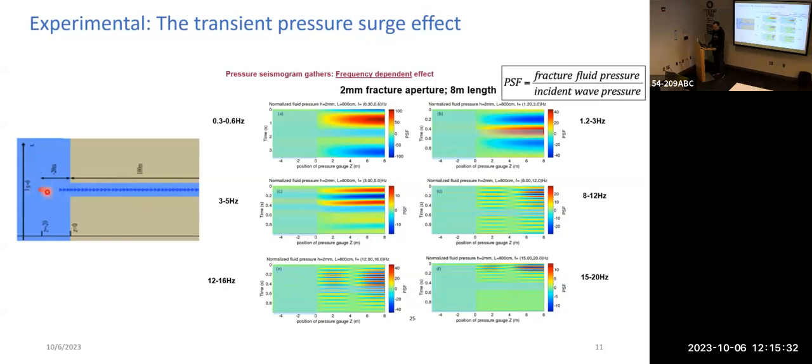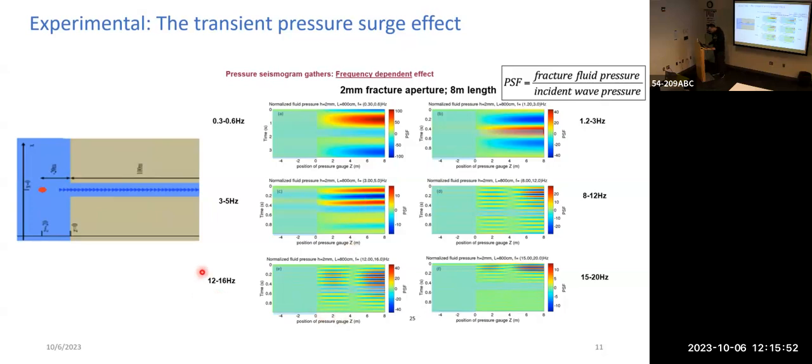The incident wave source is placed in the fluid, and he tested in the frequency domain, doing frequency sweeping, and found the pressure amplitude within the fracture can be dynamically amplified to 40 times larger at maximum.